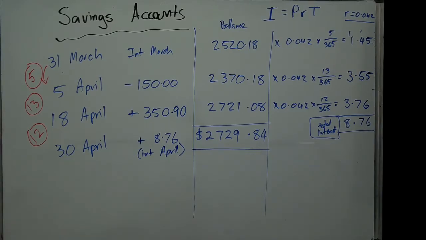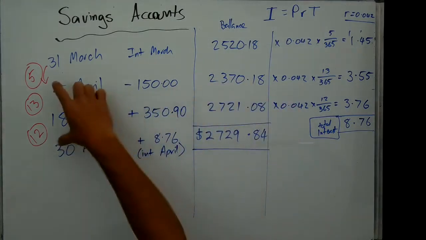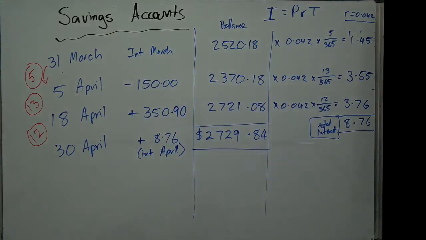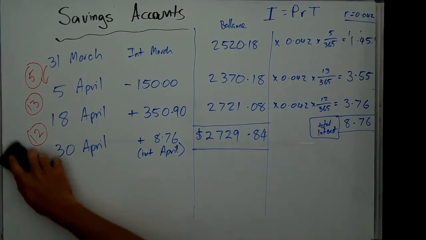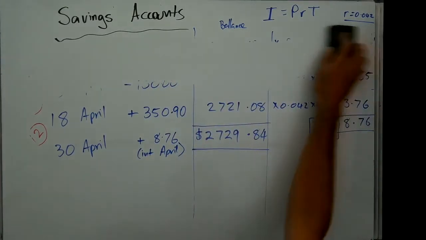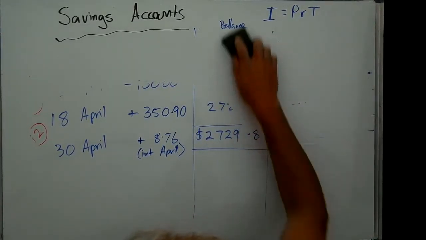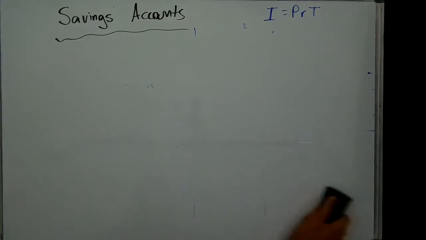Okay, so in that type of question you are presented with bank account details of when it changes. The last question I'm going to do like this expects us to fill out a table as well.